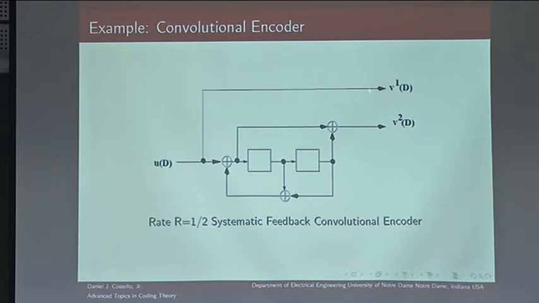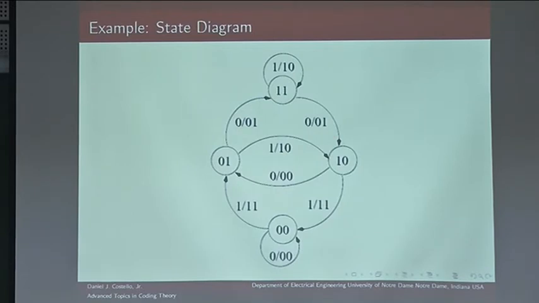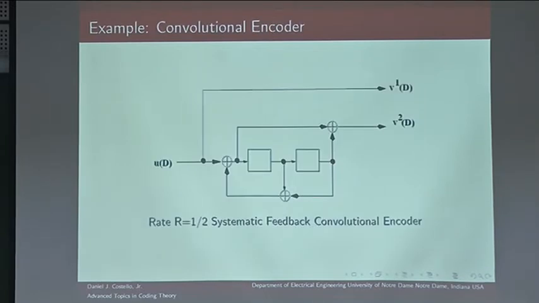So the generator polynomial that generates V1 is just 1. It's U of D times 1 is equal to V1 of D. But the generator polynomial that generates V2 is actually given by 1 plus D squared. So we have the input bit here to the register plus the delayed by 2 time units bit added together.